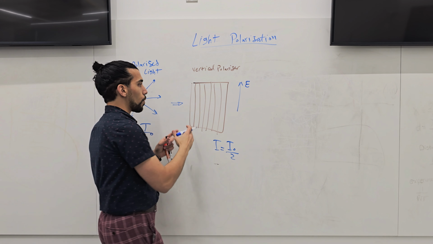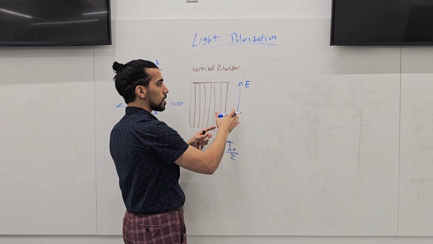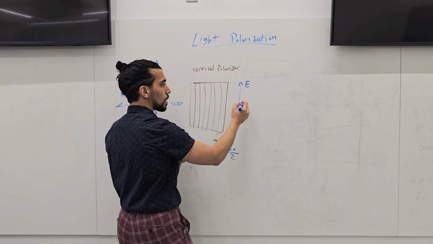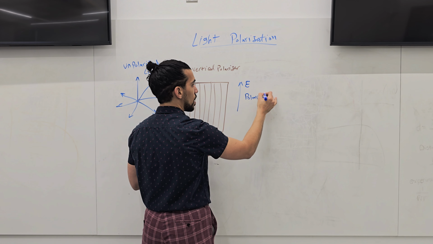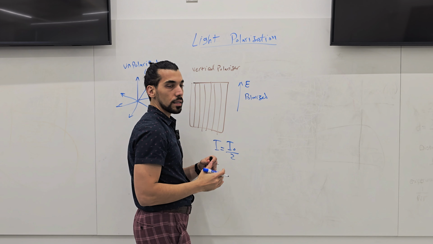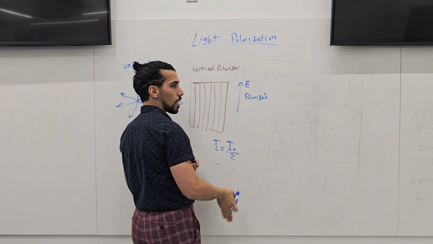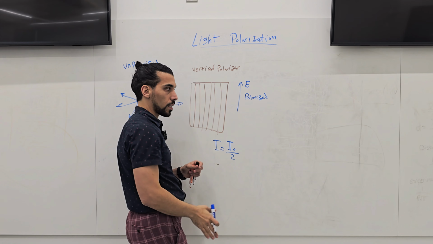What if we make this electric field polarized? This one becomes polarized light, and the electric field is oscillating in the vertical direction.